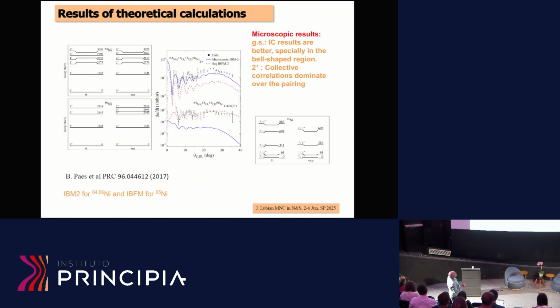You see that in this case, when we do this kind of calculation that already has some collective ingredients, for the ground state that is spherical, not deformed, we obtain again that the direct transfer dominates over the sequential. But for the 2+ state, which is already a collective state of nickel-66, here the sequential transfer dominates over the direct two-neutron transfer.